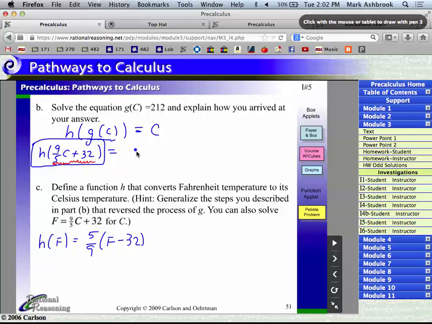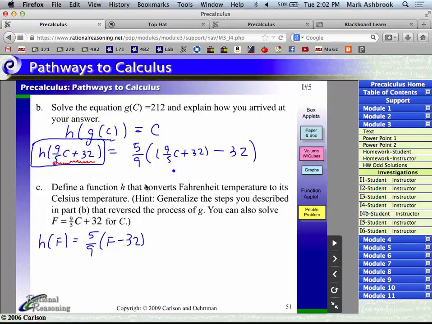So it'd be 5 over 9, and then parentheses, 9 over 5 times C plus 32, minus 32. Did you do it? So this is our set of instructions for H with this input, right? With this input, 9/5 C plus 32.